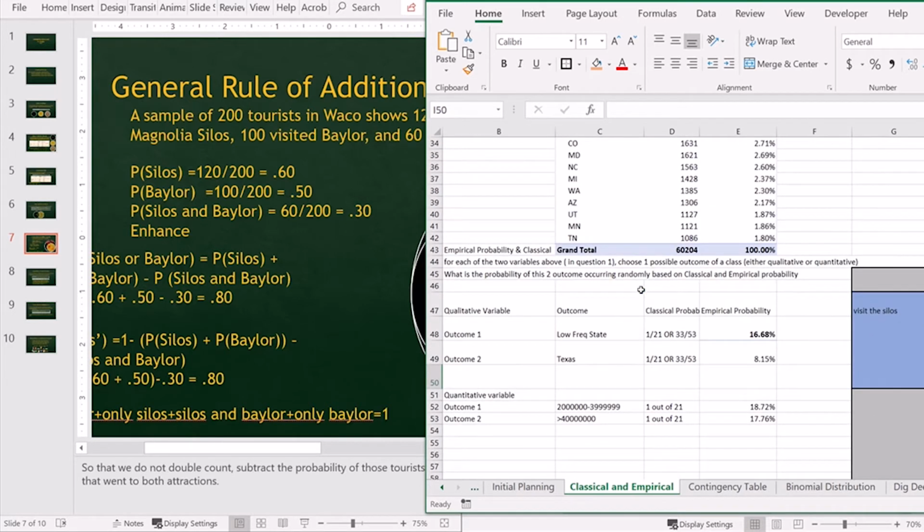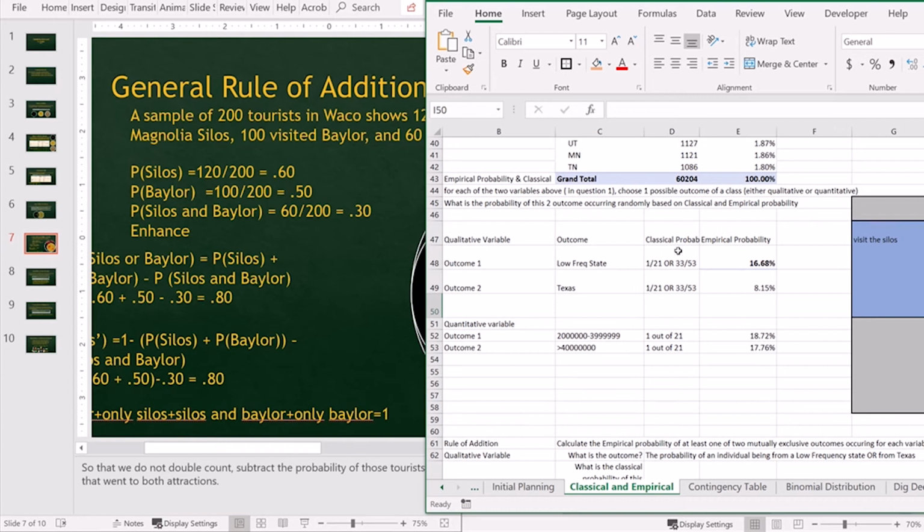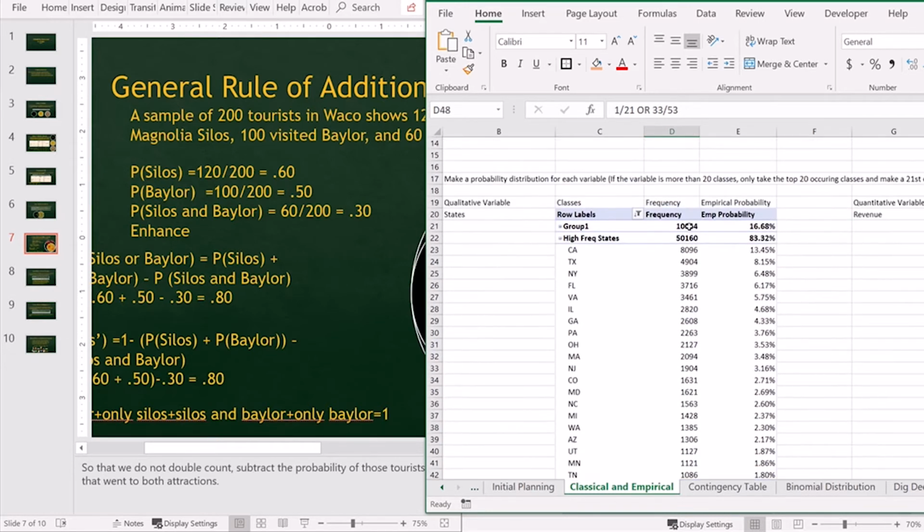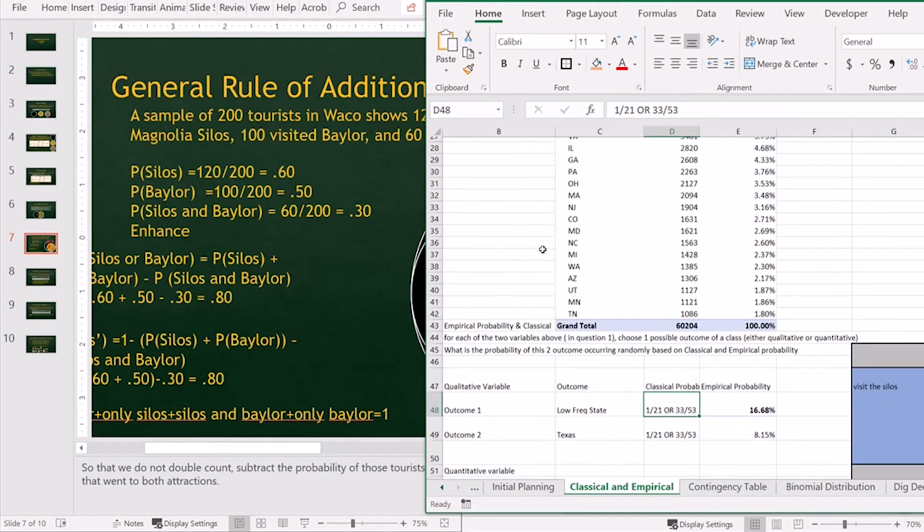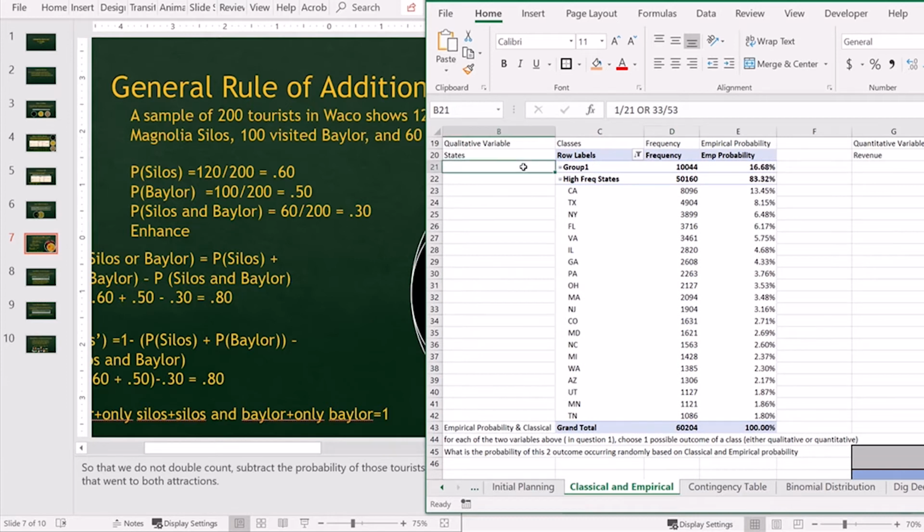Okay, in our example up here, we calculated last time the empirical probability and the classical probability. And we determined that in here there are a total of 21 classes, right? So there's one class for low frequency states, and then 2, 3, 4. These are all states that have high frequencies of fast growing companies, right?